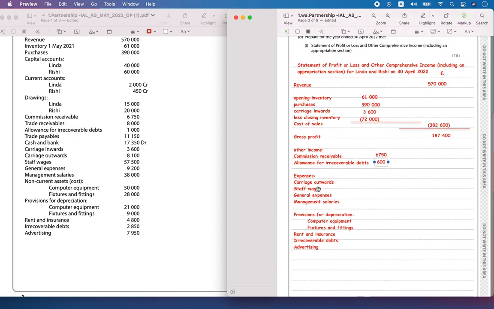Then expenses, carriage outwards is 8,100. So let's add up this other income first. 6,750 plus 600 is 7,350.